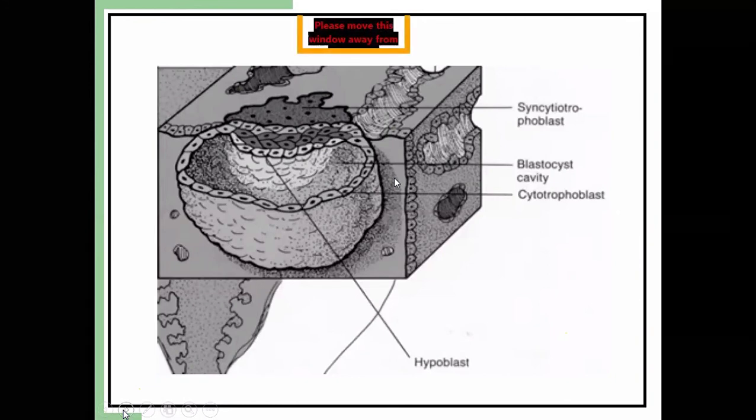It's just a group of cells, very dark. You cannot distinguish one cell from the other, unlike the cytotrophoblasts, which are very distinct cells. And these two will now form your placenta. Next slide.